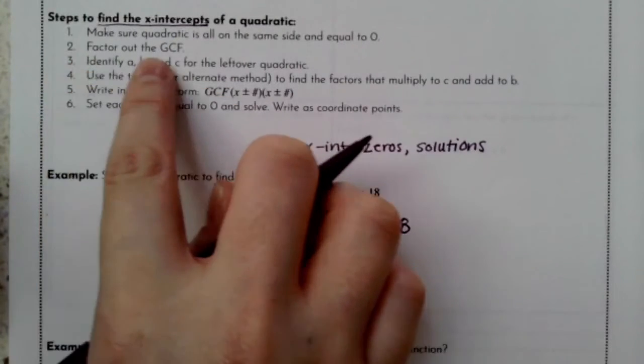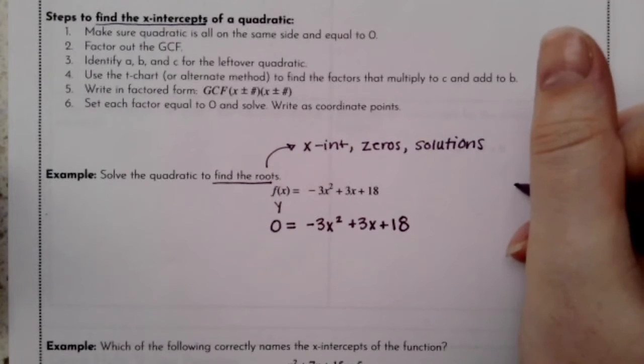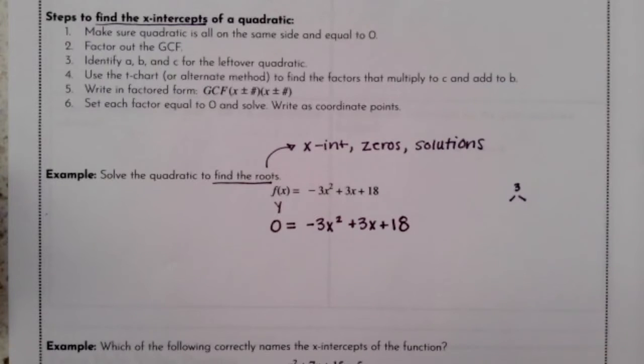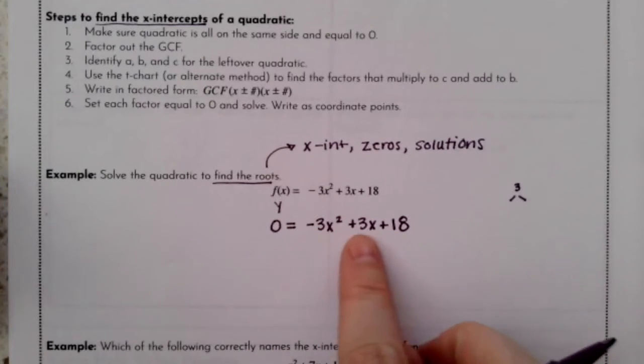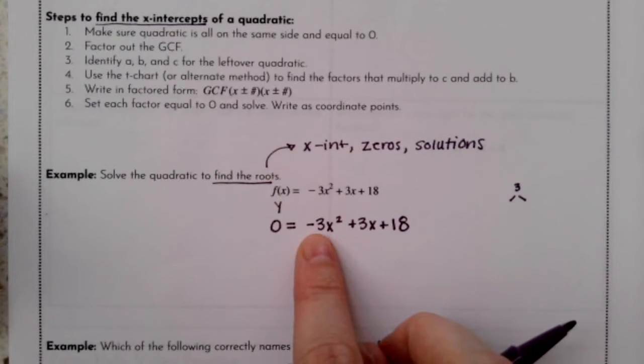Check. Step 2 is to factor out the GCF. So I want to factor out if I have any greatest common factor. And I need to look at all 3 of these coefficients. So 3, 3, and 18. And remember, we can make our little factor trees for all of them if you wanted, but you really only need to make the factor tree for the smallest of the numbers because you can't have a GCF bigger than 3 because you cannot divide 3 by anything bigger than 3.